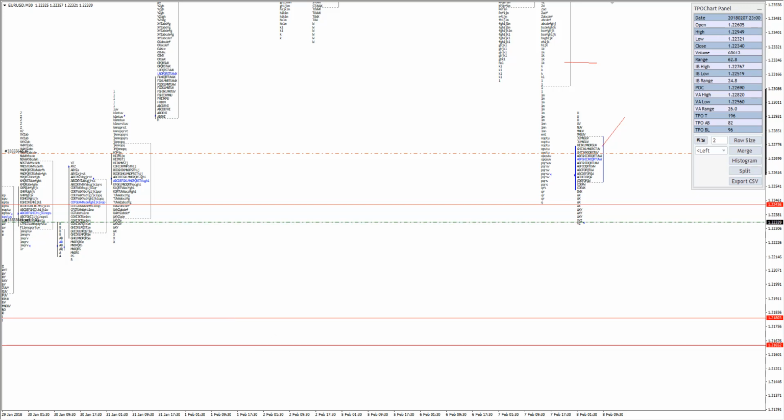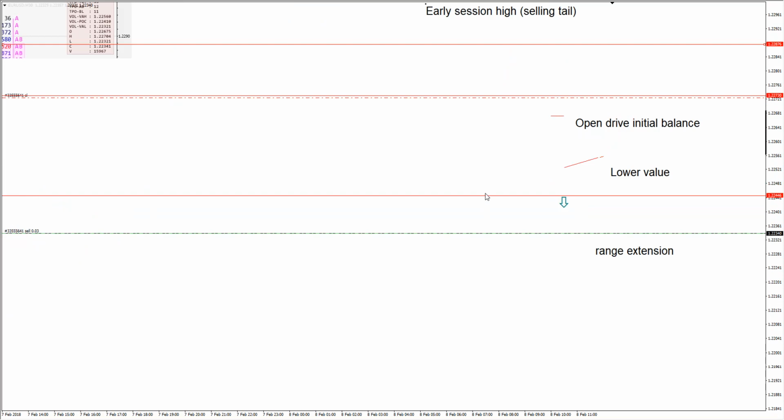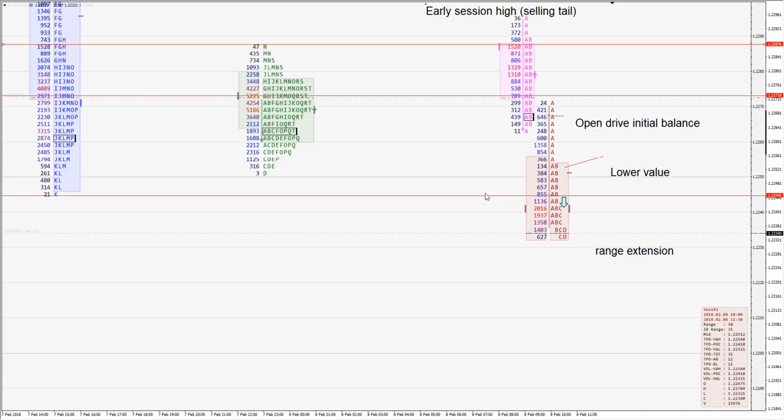So today it's euro versus dollar, which actually caught my attention, and I absolutely like this position because we trade with the trend. We have the acceptance of the participants of the lower value, a very conventional opening, an early session high.